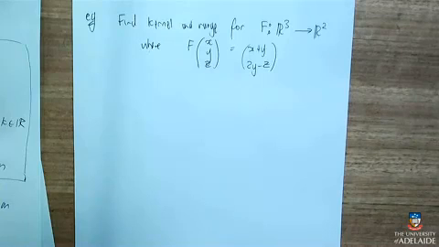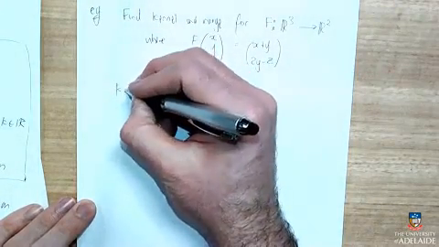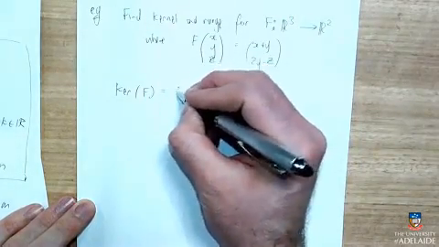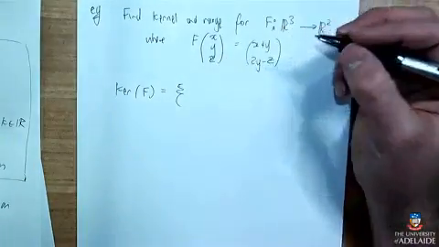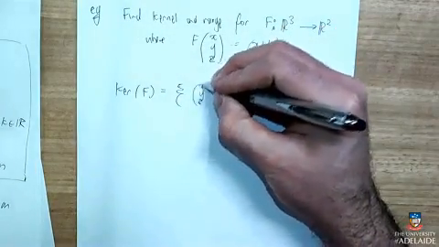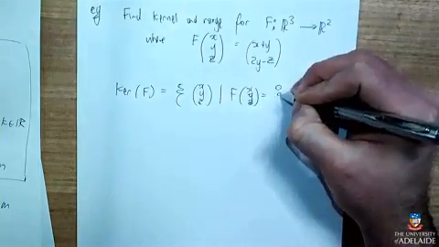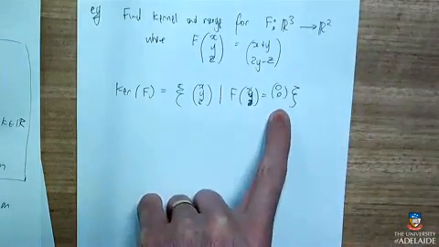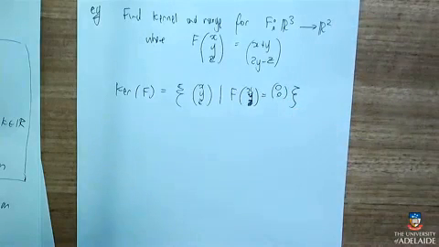So one way is to just do it directly, using the definition of what kernel and range are. So let's see, the kernel of f is the set of vectors that come out to 0. So it's a set of x, y, z's such that f of x, y, z is the 0 vector. And it's a 0 vector in the appropriate space. It's in R2, so it has to have 0, 0. Okay, that's the definition of what the kernel is.